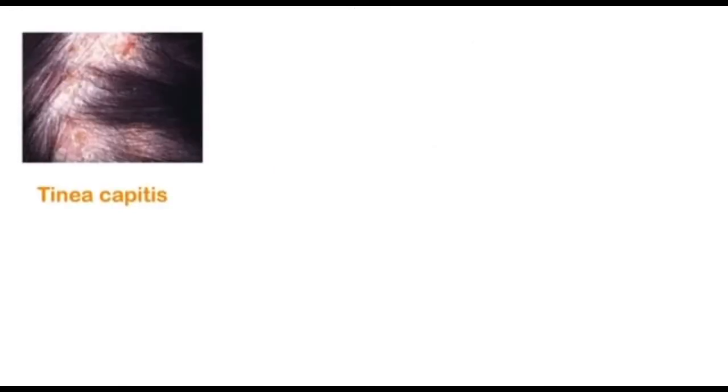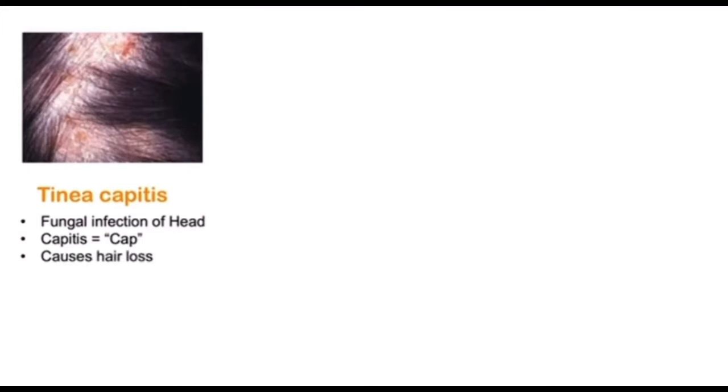The next presentation we're going to talk about is tinea capitis. Tinea capitis is a fungal infection of the head, and an easy way to remember this is capitis, cap. You can think of the cap of the top of your head, or you can put a baseball cap on your head. This is how you can remember tinea capitis is an infection of the head.